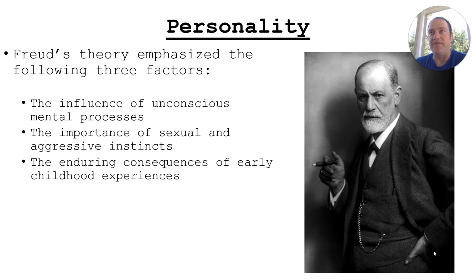And he also believed that our personality is shaped very early on in childhood, and that if you have good or bad childhood experiences, they can both play a major role in the development of your personality, positively or negatively. So, again, these were the 3 big factors that he believed made up our personality and helped us to develop our personality.